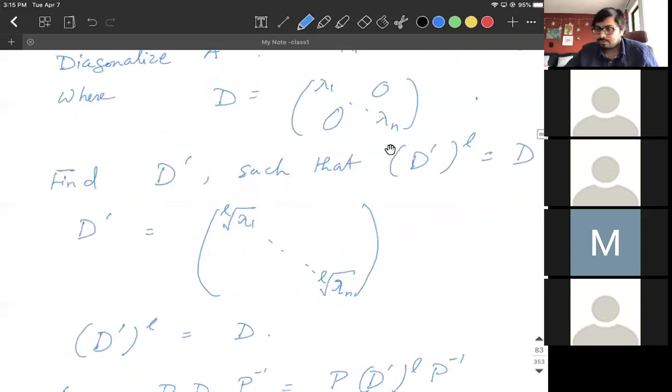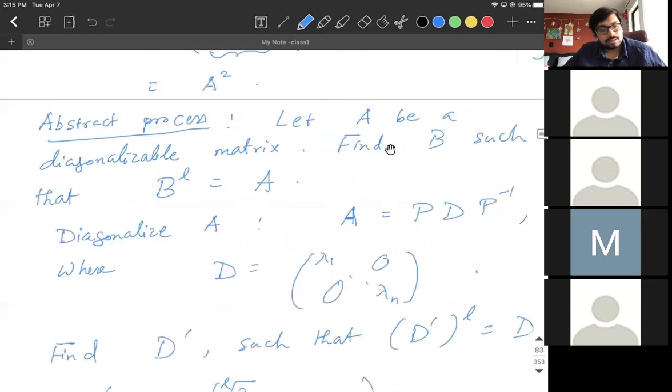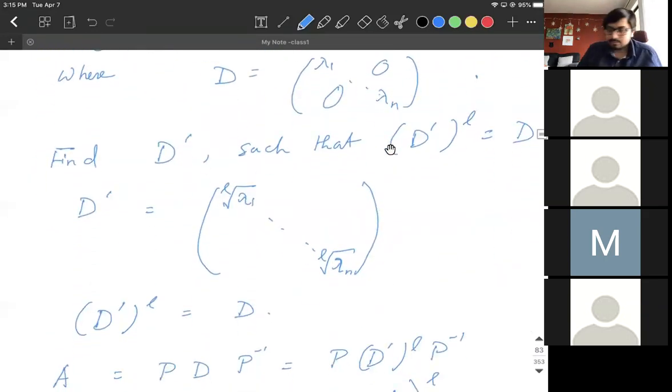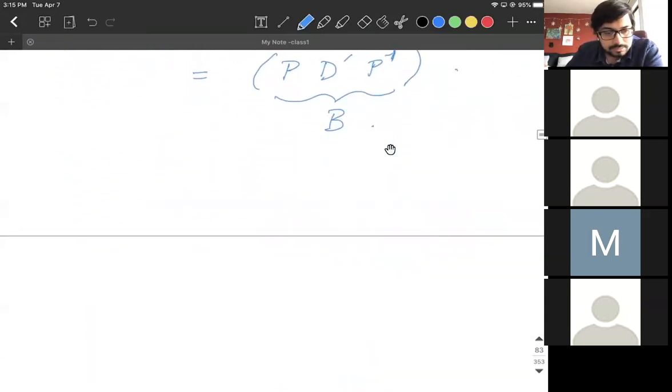Okay, so this is the general technique. Whatever power you want to find, you should use the diagonalization method. So that's a general method to find out the roots of A.